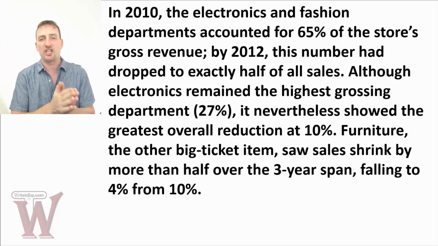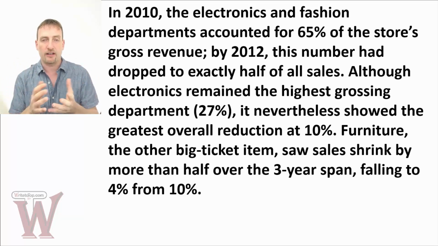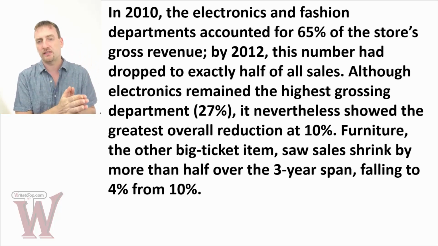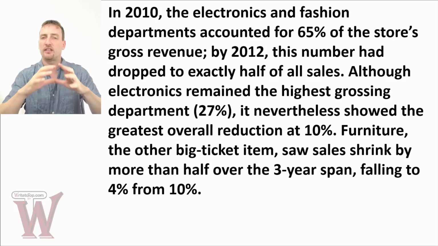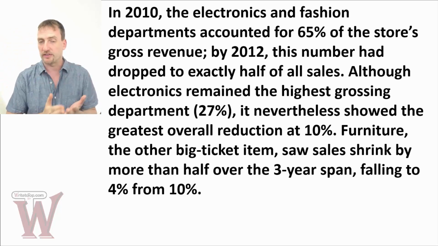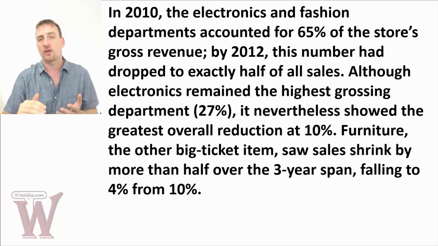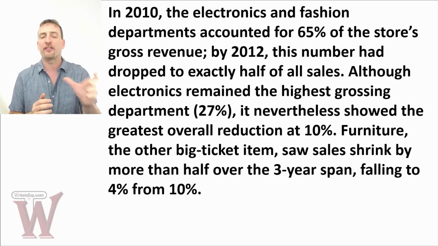So I'm showing a change in one category or one grouping, as the case may be. So I made my grouping, electronics and fashion, because these were the biggest and they dropped. Then I concentrate on my high and high, which is electronics, highest in terms of sales both years, but also highest drop percentage. And then furniture, the other big ticket item.